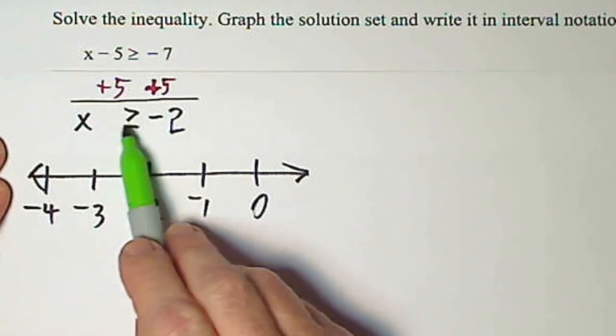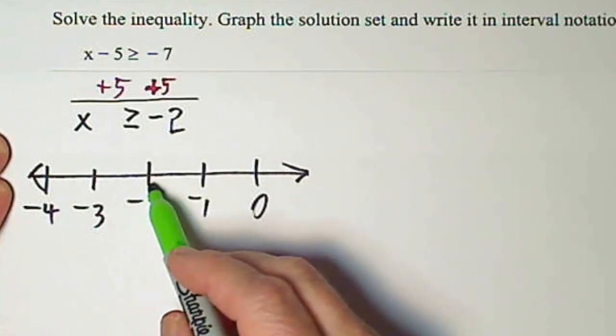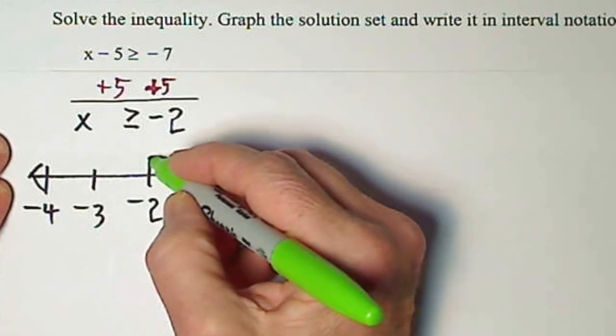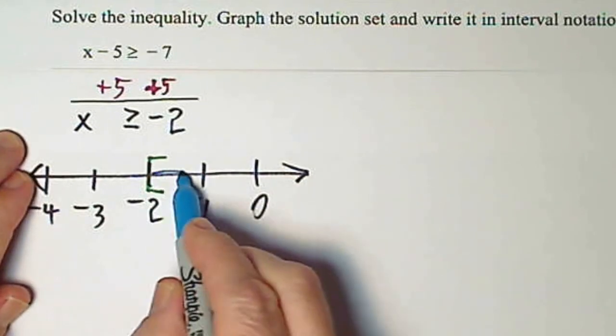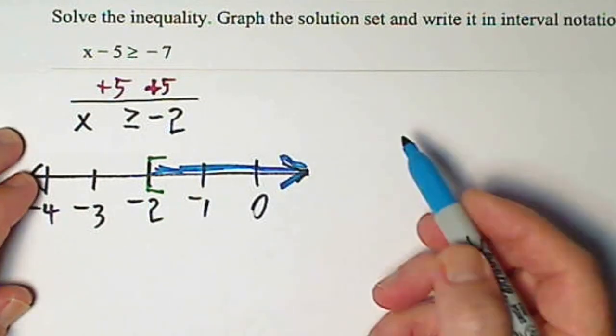x is greater than or equal to -2. That means it can touch it, and it's going to continue in this direction off to the right. If it can touch it, I use the square bracket. Shade it to the right because it's greater than or equal to.